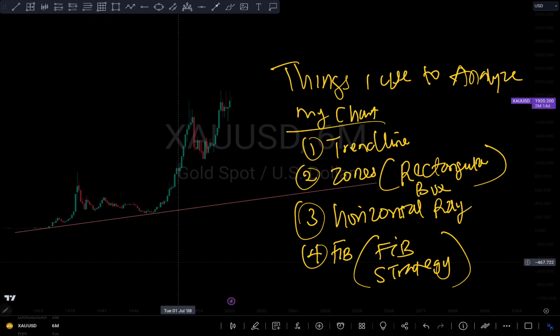My strategy is Fibonacci, but I use other confluences to add up to it, because you don't just trade with one thing. You need multiple things to combine together and respect together to have a higher probability of that particular bias working, right?